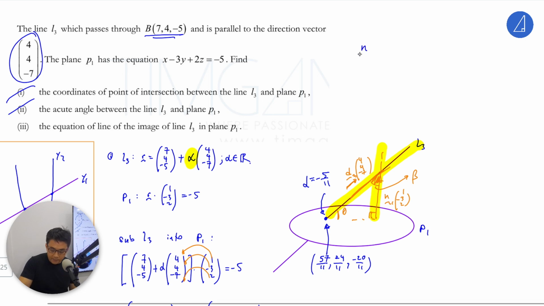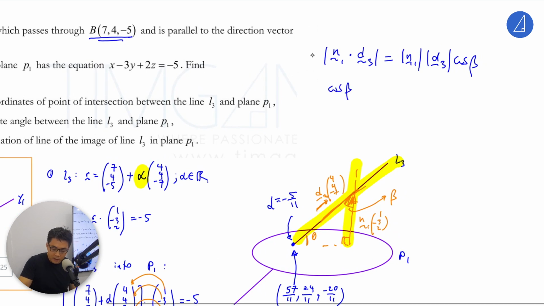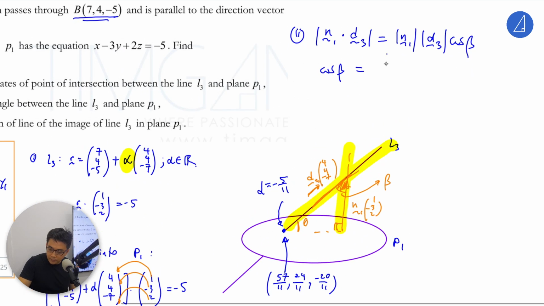So you take n1 dot with d3 equals to mod n1 mod d3 cosine beta. Okay, so this one cosine beta is, which is... In the summary notes have the formula, but I hope you understand why it's 90 minus theta.